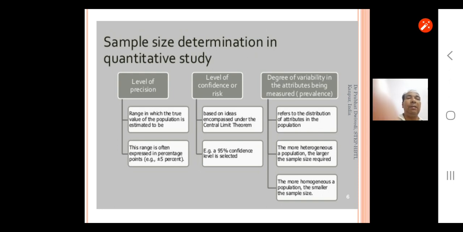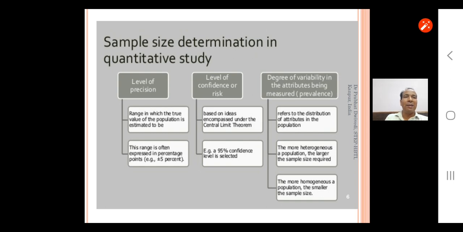And the third factor is the degree of variability in the attributes being measured. It actually refers to the distribution. Degree of variability refers to the distribution of attributes in the population.